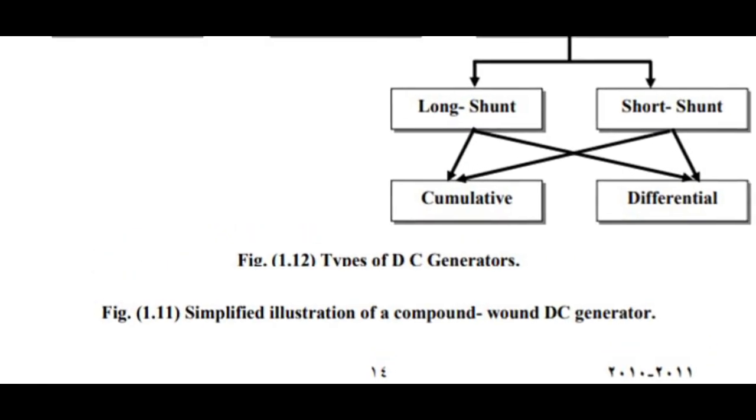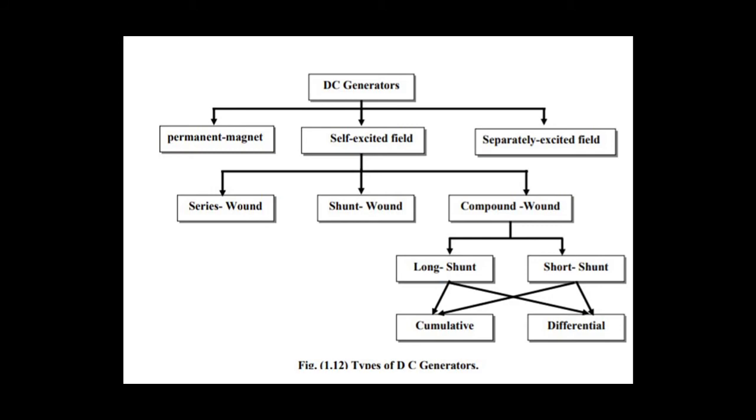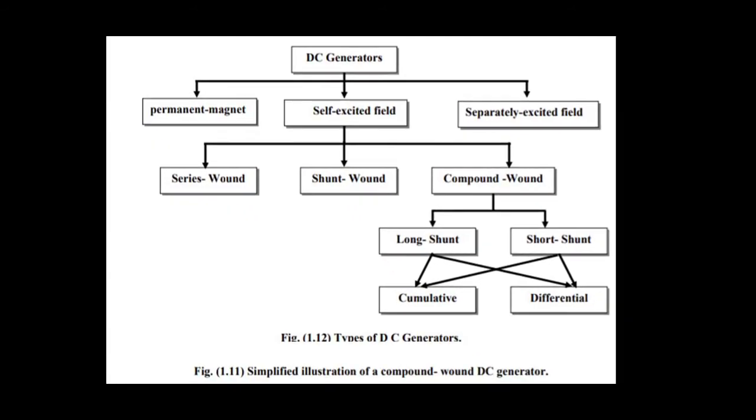So these are the types: DC permanent magnet, self-excited, separately excited.